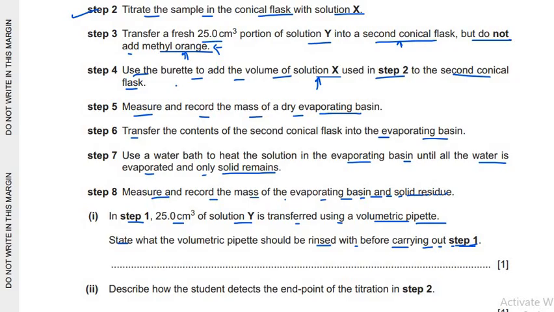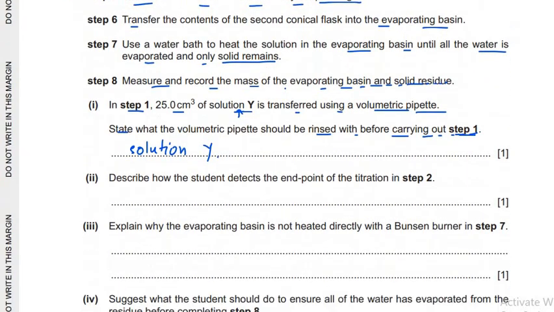If we are transferring solution Y with the help of a pipette, you should also use solution Y to rinse the pipette, because there should not be any other solution or distilled water, which we have used to wash the volumetric pipette, remaining in the pipette. So we will wash the pipette with solution Y, and then we will transfer 25 centimeter cube with the pipette to the conical flask.